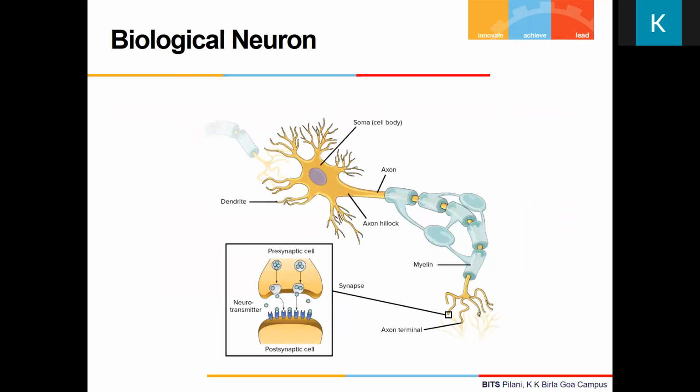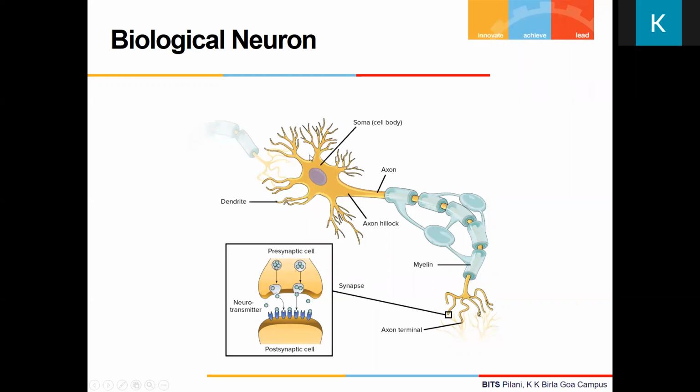So we will first of all have a broad overview of the biological neuron, because we are getting inspired by this neuron. As you might know, you might have studied in biology also, our neuron basically has two main parts.